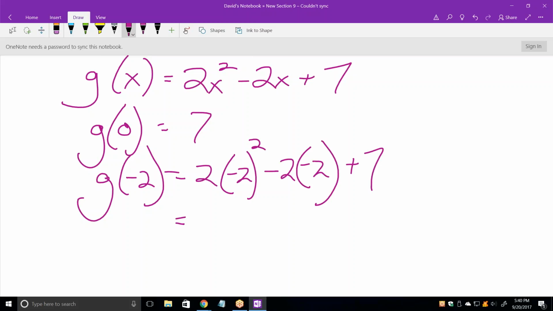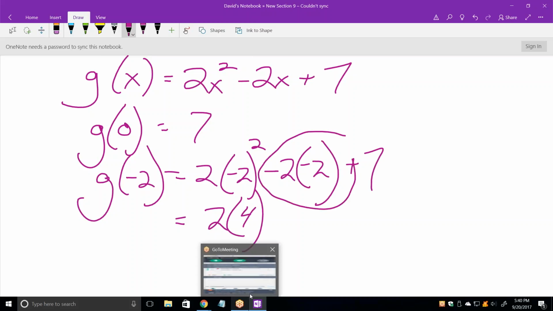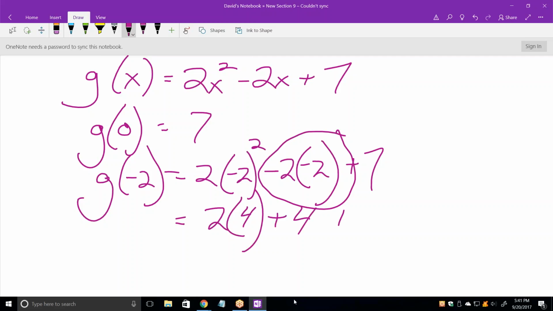Okay, so that'd just be 2 times negative 2 squared, which is positive 4. Yeah. Now what is this? A negative times a negative is a positive. Correct. So that would be just 4. So you have 8 plus 4 plus 7. I think that's 19. Yeah, that's 19.